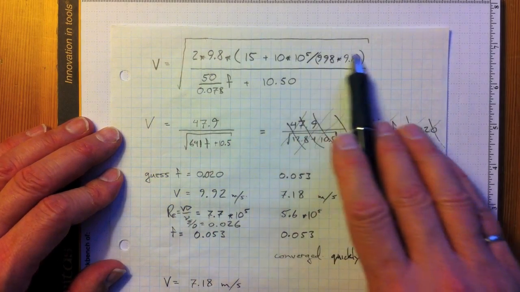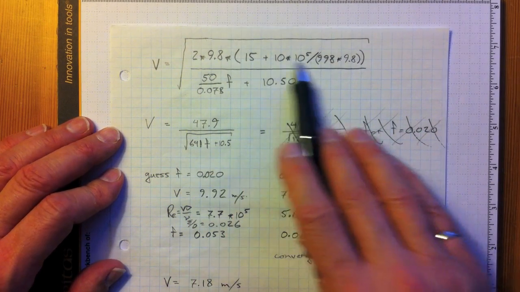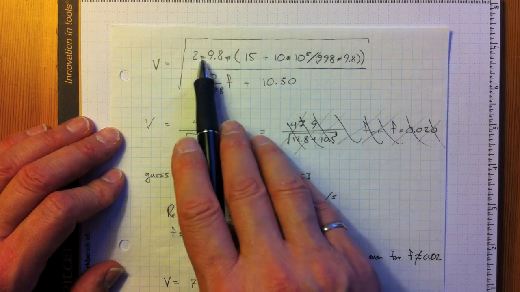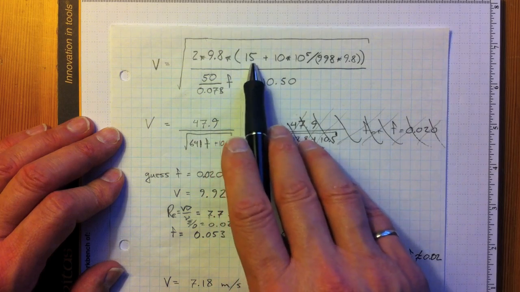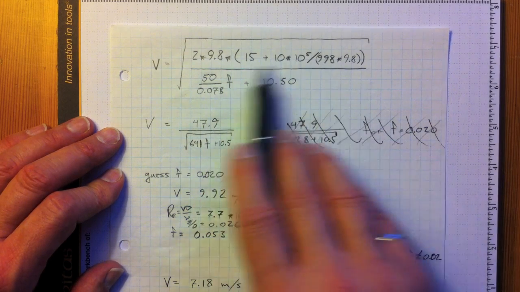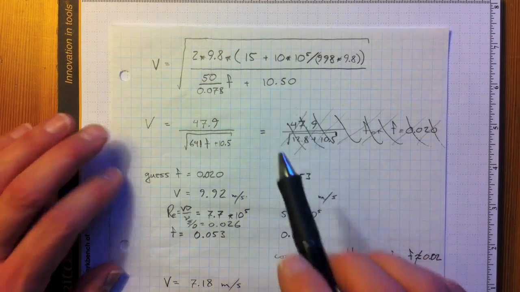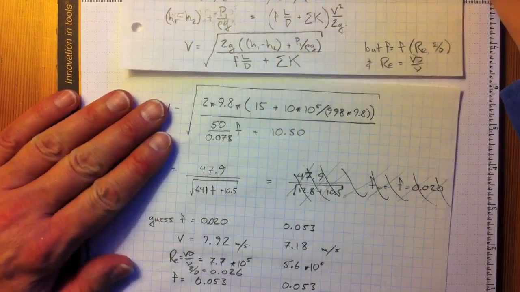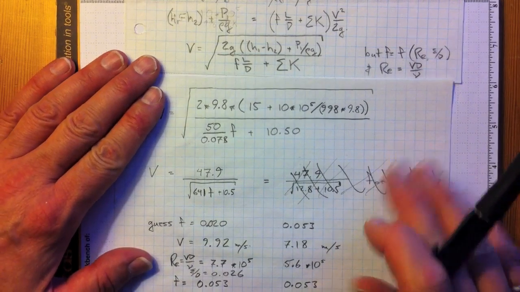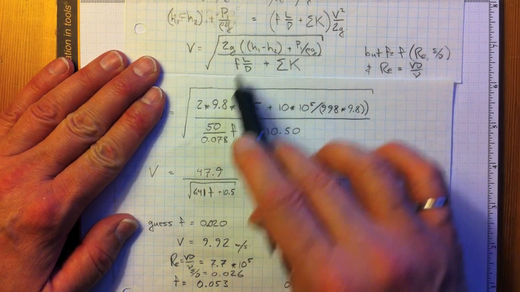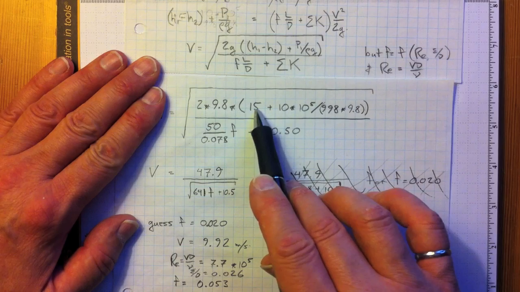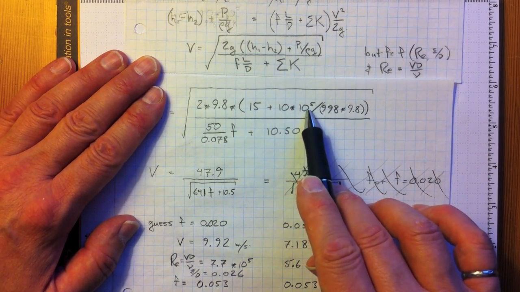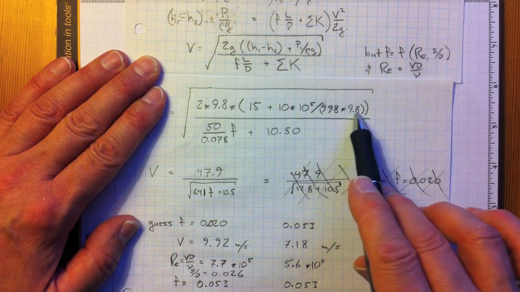If we plug in some numbers there for everything that we know, we can simplify things down a little bit. So the velocity will be equal to 2 times g times the other values here all plugged in to match up with the equation we had before. So if we look at what we had before, 2g times h1 minus h2 of 15 meters plus p, 10 times 10 to the 5, 10 bar over rho g.